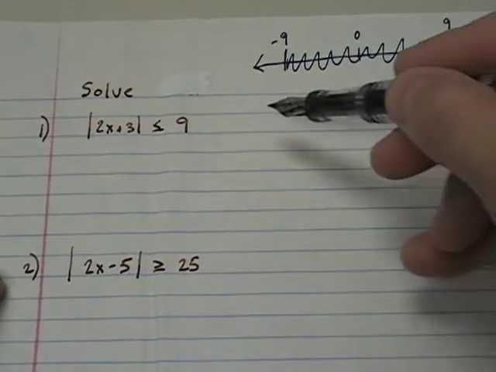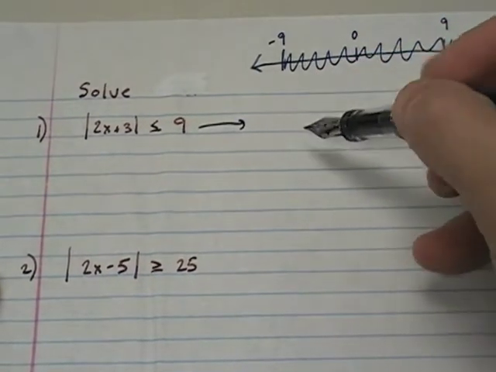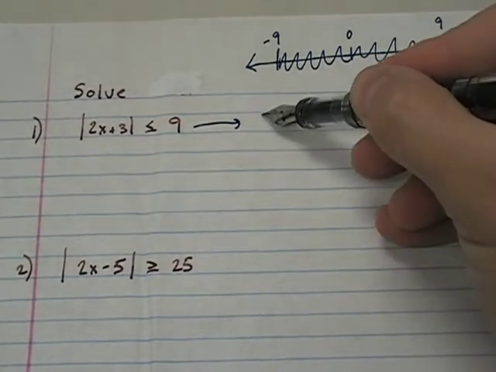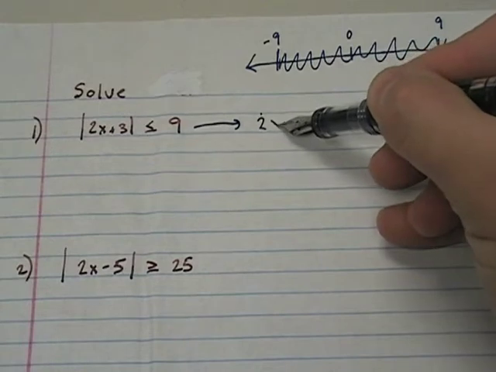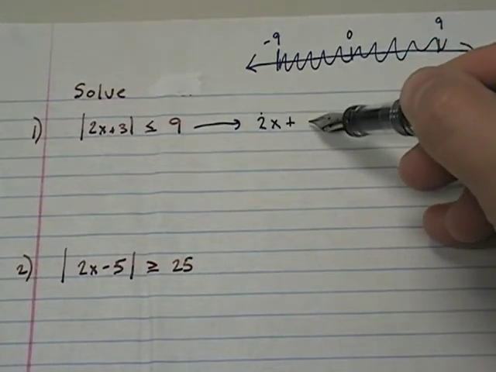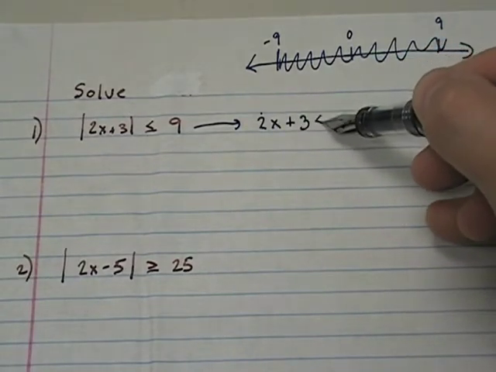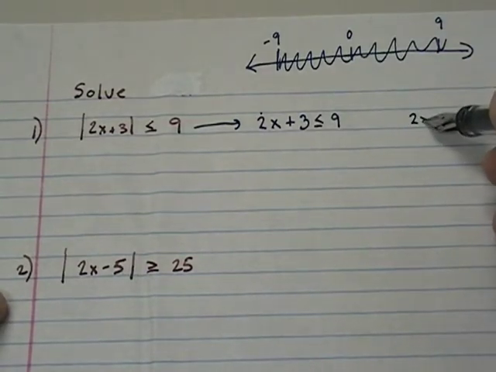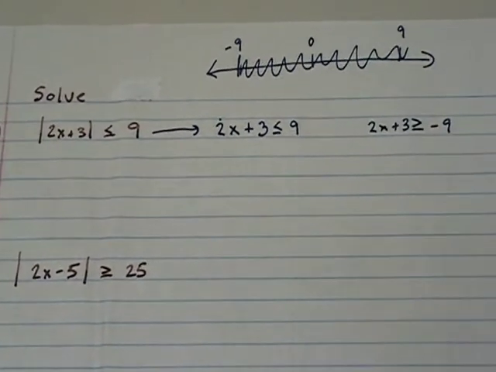If you understand that concept, then absolute value inequalities are very, very simple, because this becomes two inequalities: 2x plus 3 is less than or equal to 9, and 2x plus 3 is greater than or equal to -9.